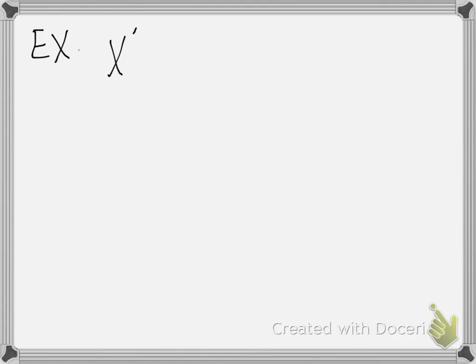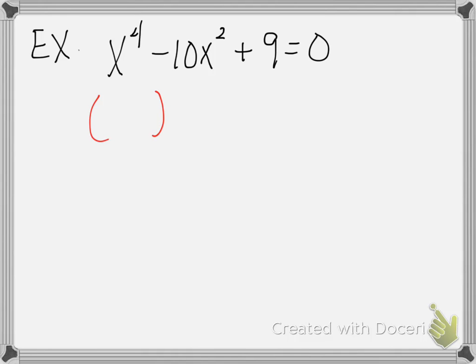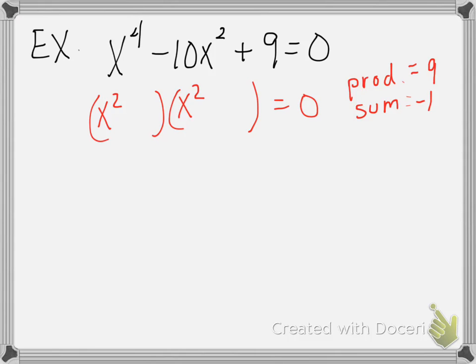First example I want to do is x to the fourth minus 10x squared plus 9. Okay? So I told you to factor this. We're going to start with x squared. So I need two numbers that have a product of positive 9 and a sum of negative 10.